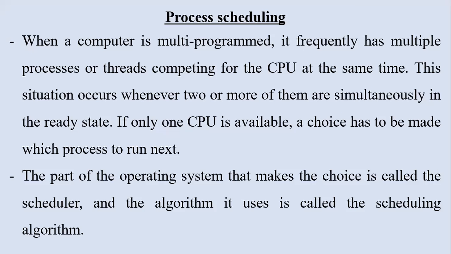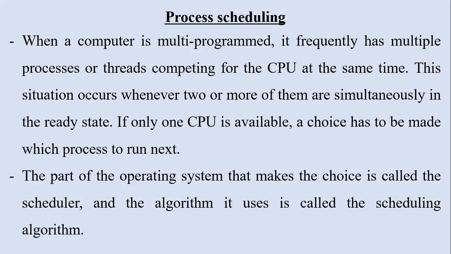Let's now look at process scheduling. When a computer is multi-programmed, it frequently has multiple processes or threads competing for the CPU at the same time. This situation occurs whenever two or more of them are simultaneously in the ready state.